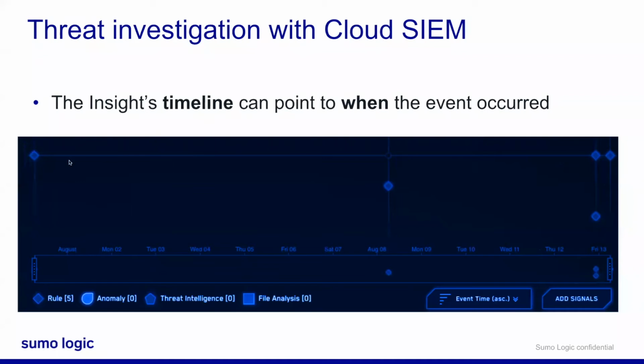On the far left of the screen, we have a signal. We have one in the middle of the screen, and then on the far right, a bunch of stuff happened together. That's going to help us understand that cluster better. Timelines are going to be very valuable to get a feel for the when it occurred.